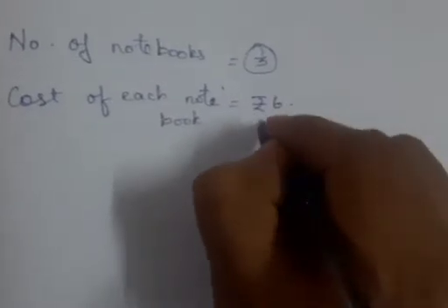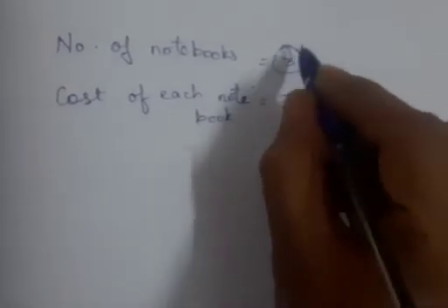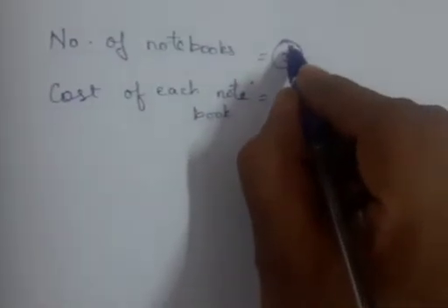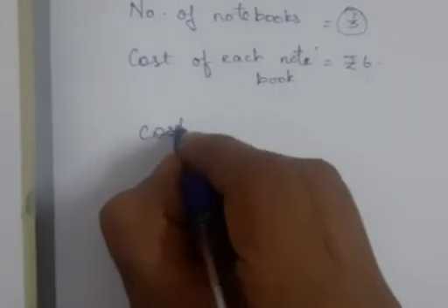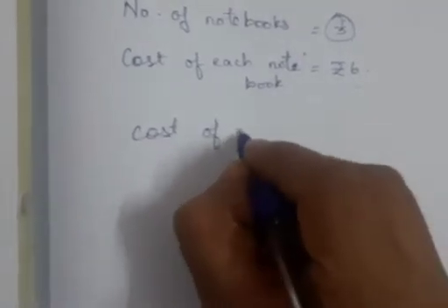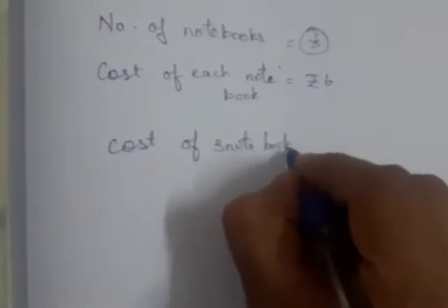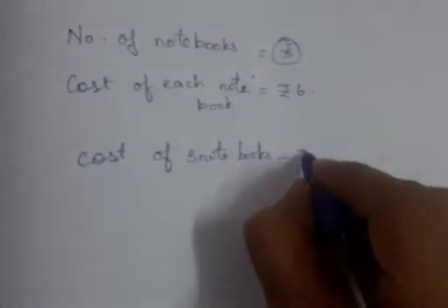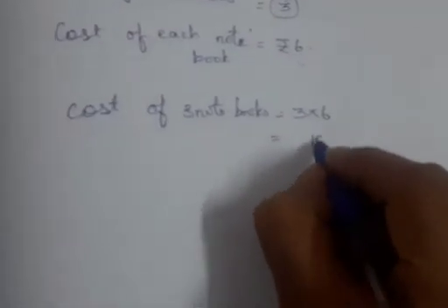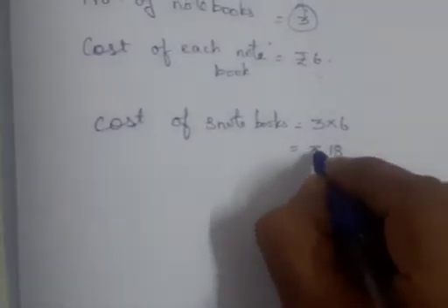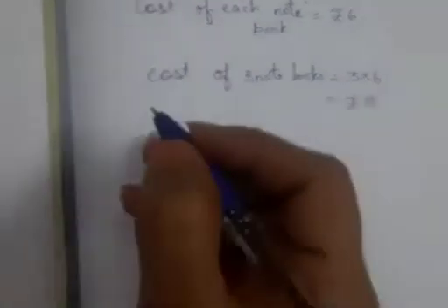So what we are going to do, we are going to multiply the cost of one notebook with the number of notebooks that he buys. So cost of 3 notebooks equal to 3 into 6. So 3 sixes are 18. So cost of 3 notebooks is 18 rupees.